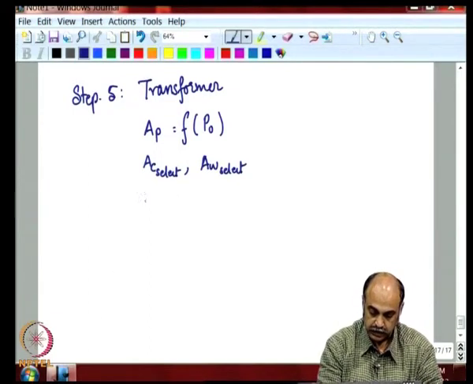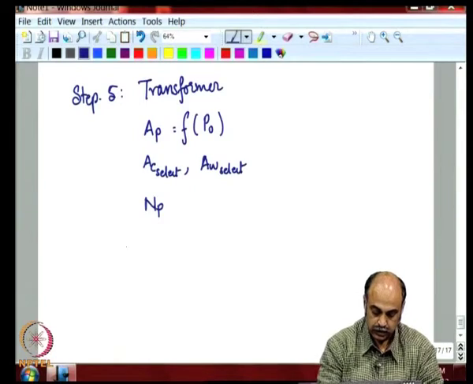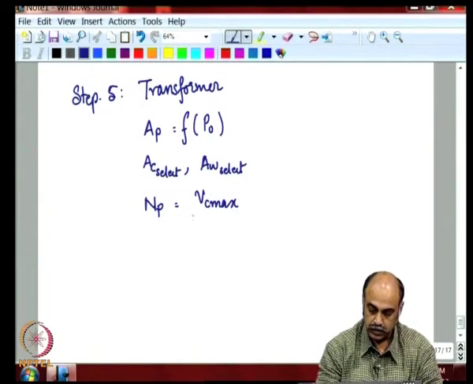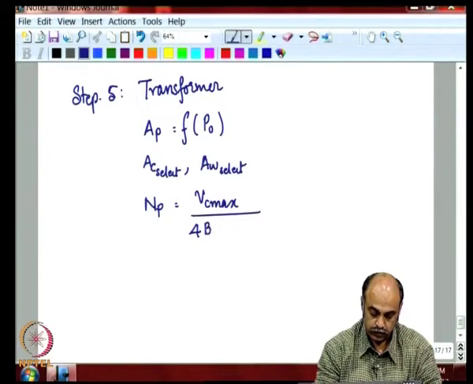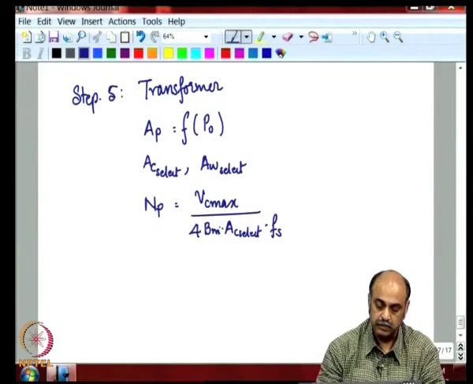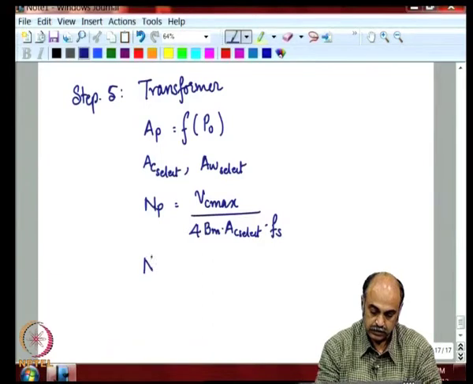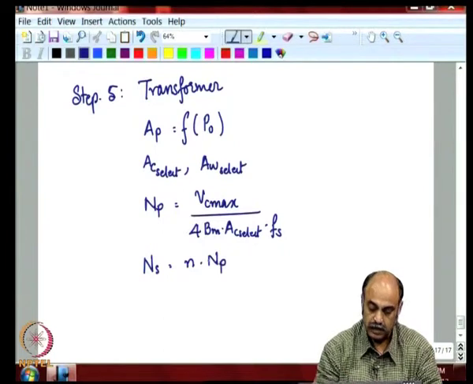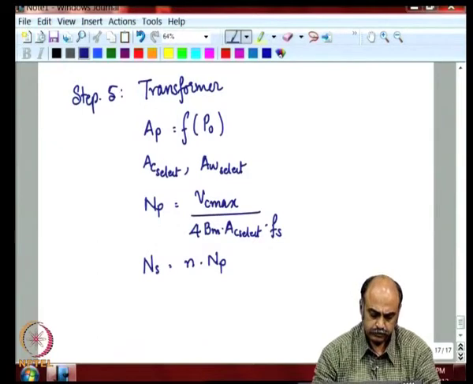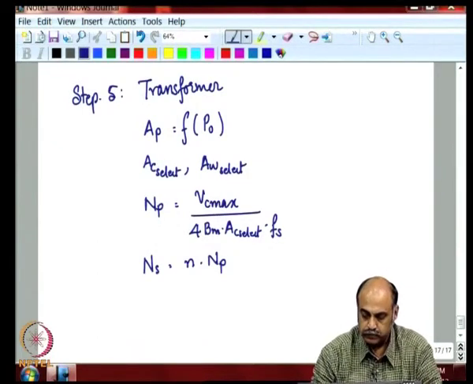So, once the core has been selected, you can calculate the NP using Faraday's law, which is nothing but Vc max. It has to support maximum voltage divided by 4 Bm AC selected into Fs. This is nothing but from the Faraday's law. Ns is nothing but En times Np. So, if you get fractional terms, you round it to the nearest integer.